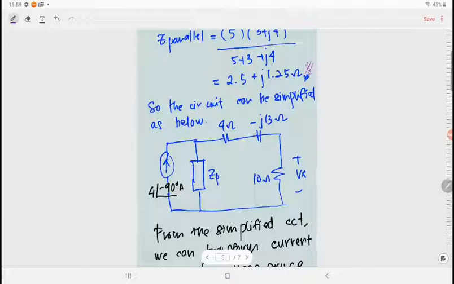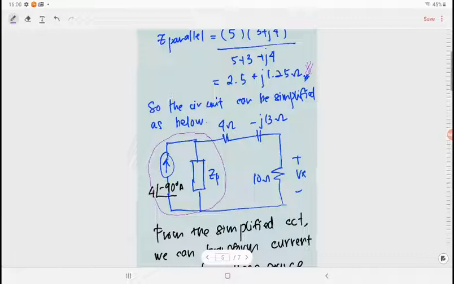So now you have the current source Is with the phase angle negative 90 degrees here, parallel with Zp, right? So this current source is in parallel with Zp.